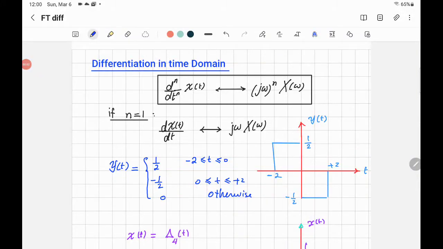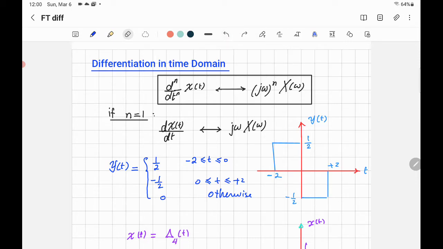Another important property of Fourier transform is to find the Fourier transform of the differentiation of a continuous time signal. The general rule says that if you have x of t and you differentiate it in time, the Fourier transform of the whole thing will be the Fourier transform of the original signal multiplied by j omega, all of it raised to the power n.